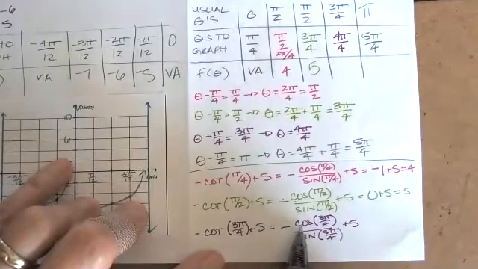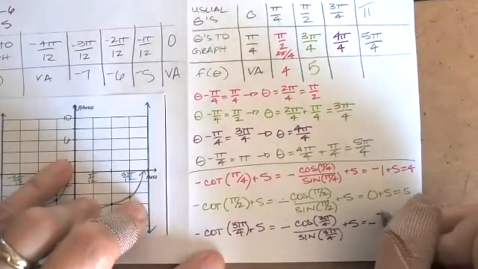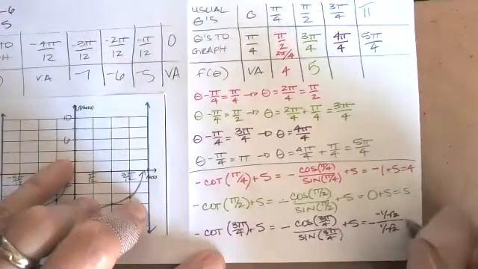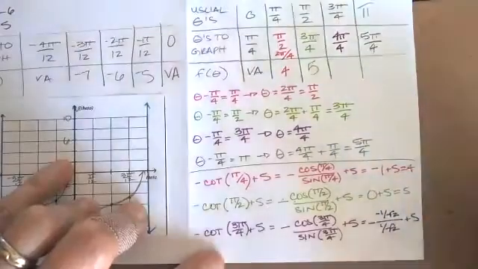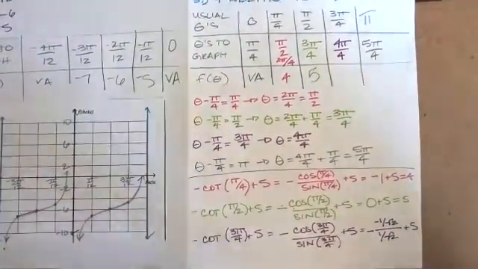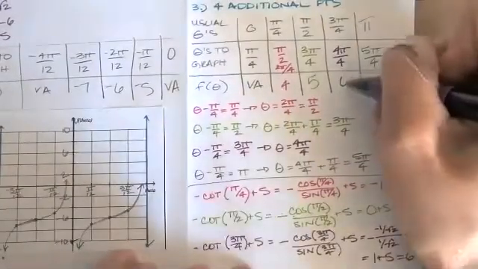So this will be the opposite of negative 1 over root 2 divided by positive 1 over root 2 plus 5. So this part itself would be negative 1, but that makes it positive 1. It was 1 plus 5, which is 6.